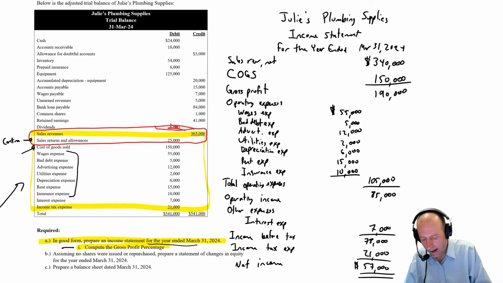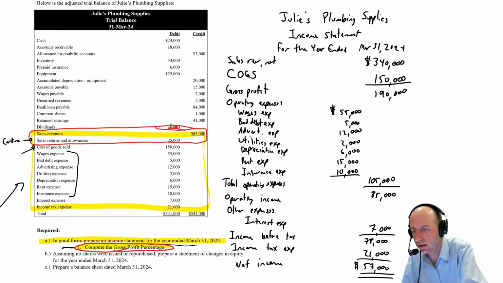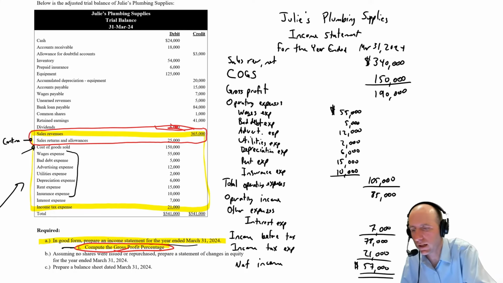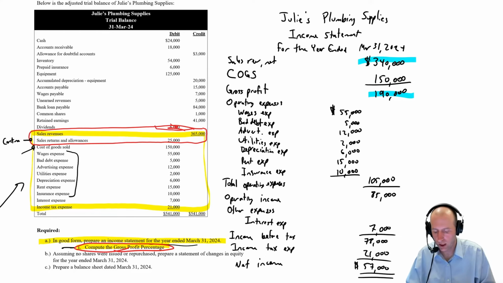Part I of this question says compute the gross profit percentage. Okay, so we know our gross profit is 190, and the gross profit percentage is just the gross profit divided by the sales, and the sales in this case are 340.